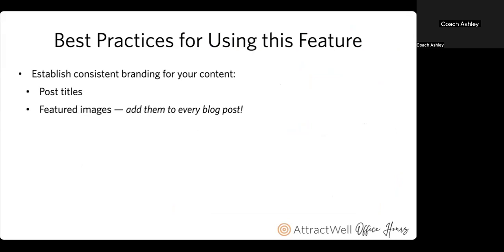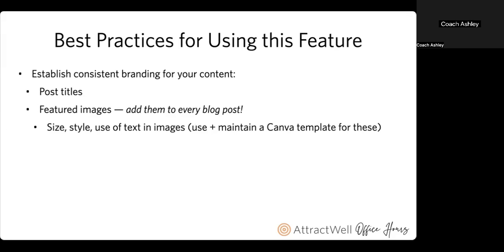So when you create a blog post in AttractWell, there is a section a little further down past your blog content where you can add a featured image. If you want to use this feature where you're displaying your latest blog post content on your pages, you really got to make sure you're using featured images, right, on every single blog post. So make sure that the size of them, style you're using, the use of text stays consistent throughout.